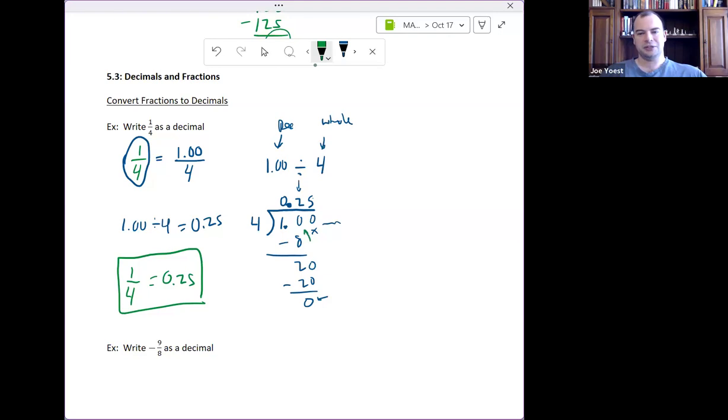If I need to, I'll keep sticking zeros on the end, ideally until I end up with a remainder of 0, though we'll see some cases where that doesn't work out so nicely. I can rewrite 1 in my numerator as 1.0 or 1.00 or 1.000, tacking on zeros after the decimal point, allowing me to go one step further on this long division cascade, hopefully eventually reaching a zero remainder and getting my answer.